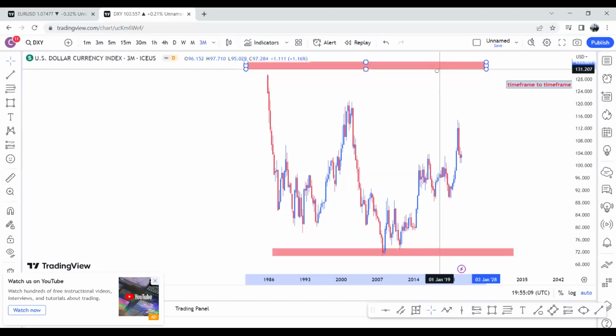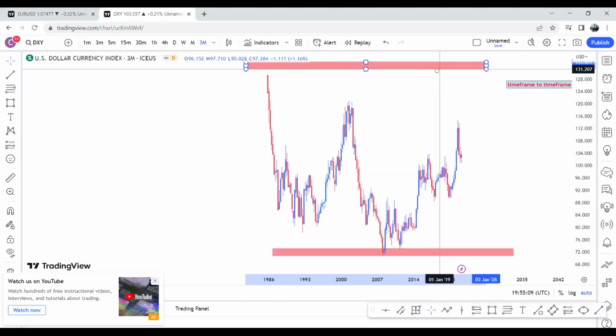So you break down the 3 months time frame, you go to the 1 month time frame, the 1 week time frame, then the 1 day time frame, then the 4 hours time frame before you jump over to 1 hour. Then your entry time frame can be 15 minutes or 30 minutes, and I use 3 minutes for confirmations.